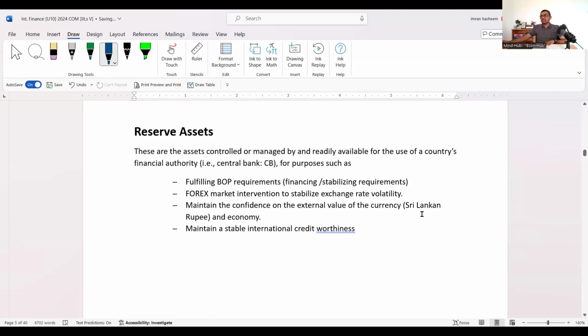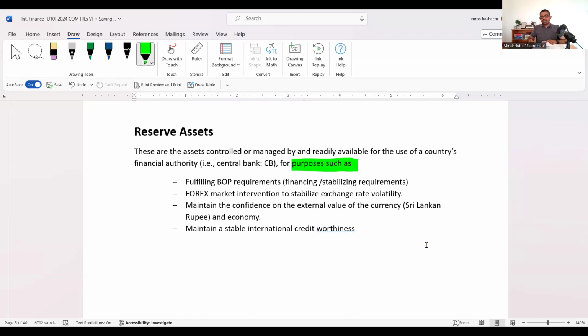Reserve assets, I've given a small explanation here, but separately we learn about reserve assets, especially government official reserve assets, right? Why we need reserve assets, I've explained the purpose of having such reserve assets. We'll talk about this in a future area also because it's a big, more relevant concept for Sri Lanka now.